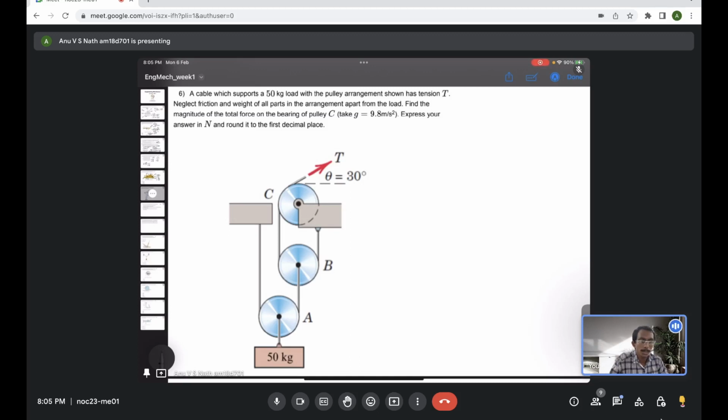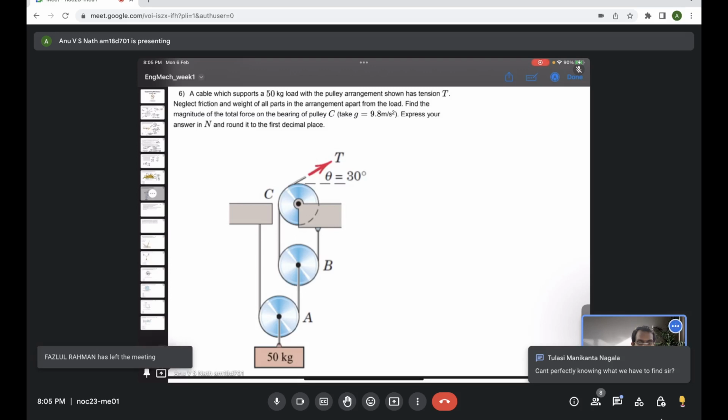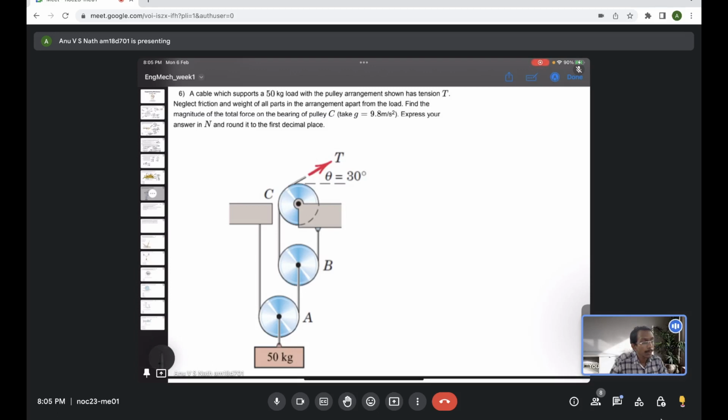For those who joined recently, try to solve this problem by yourself. I hope you know perfectly what we have to find. Basically it's asking to evaluate the net force acting on the pulley C. So if you see the pulley C, just draw the free body diagram of the pulley C. C is actually hinged to a joint here, right?